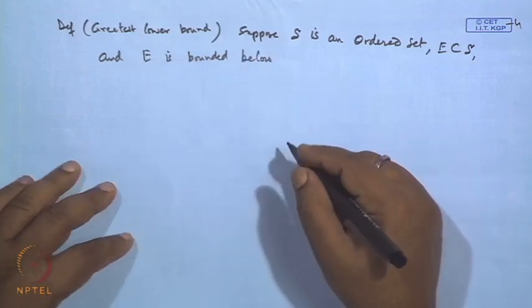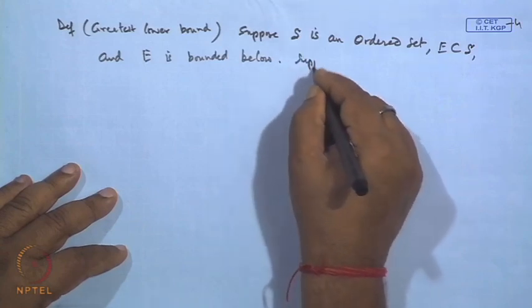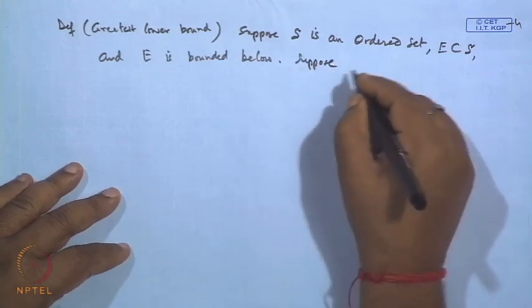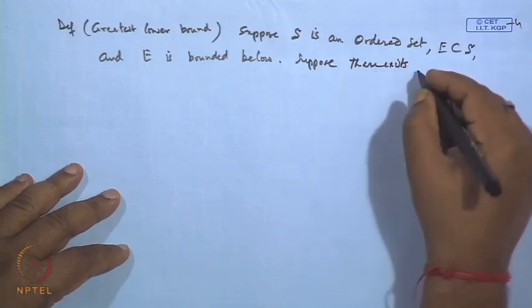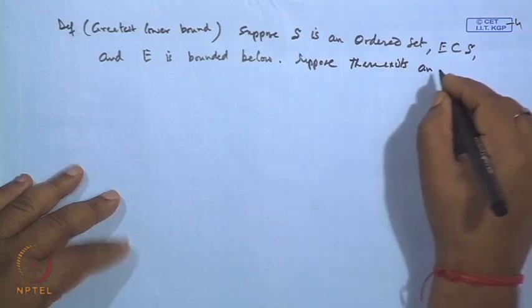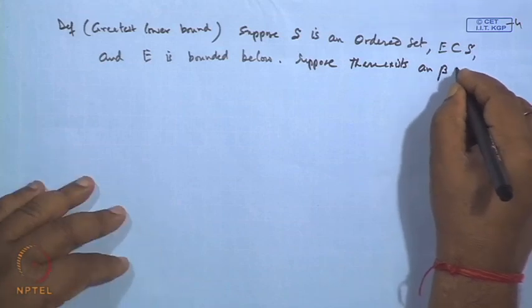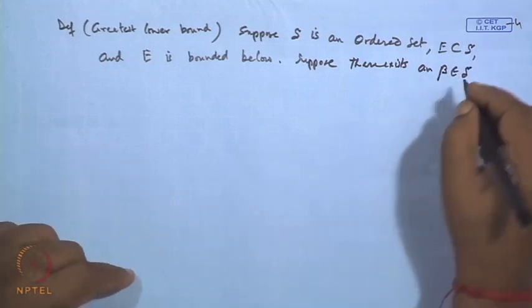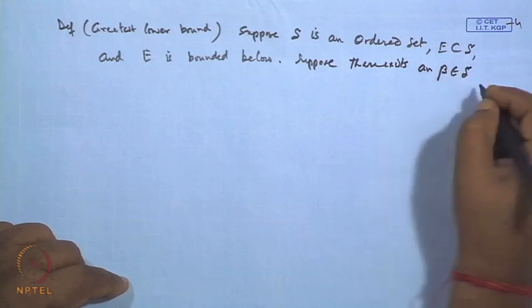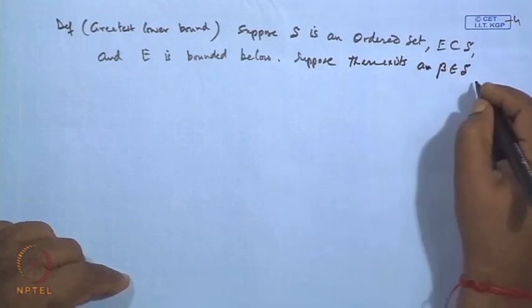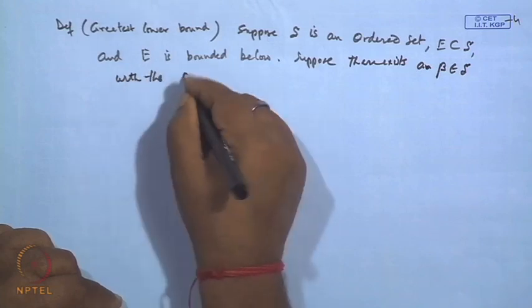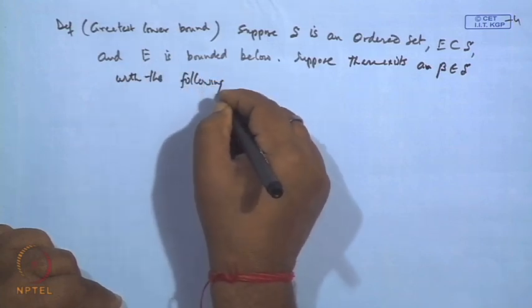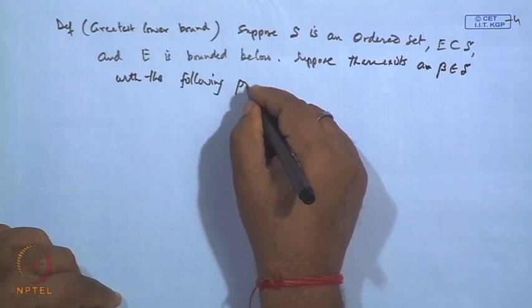Suppose there exists a beta belonging to S with the following properties.